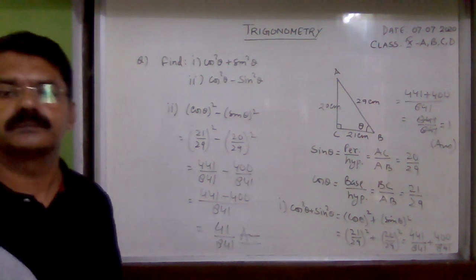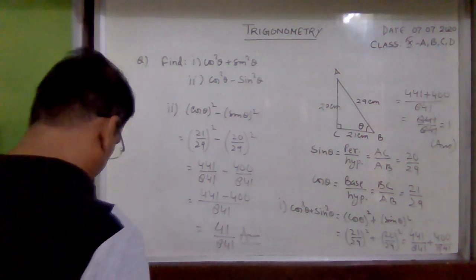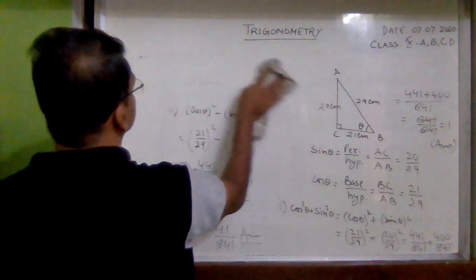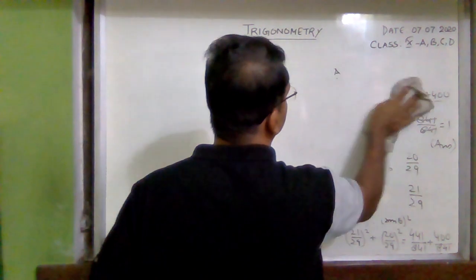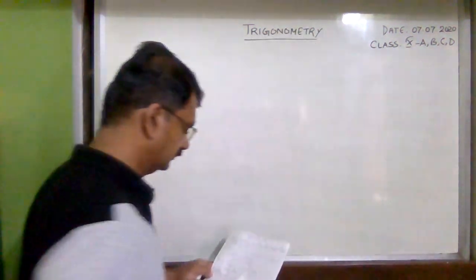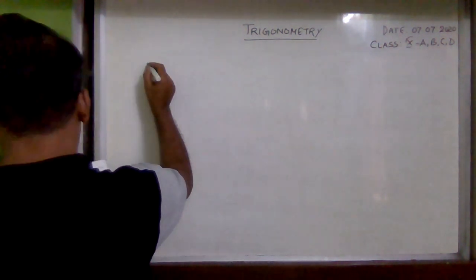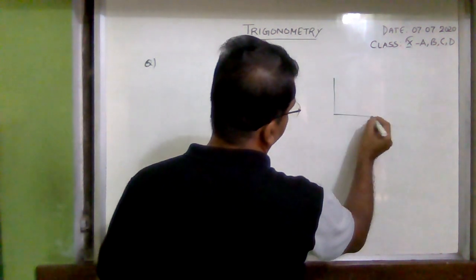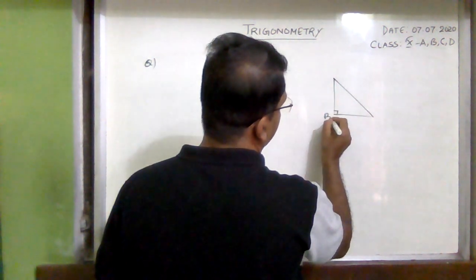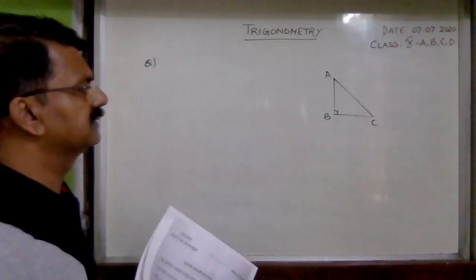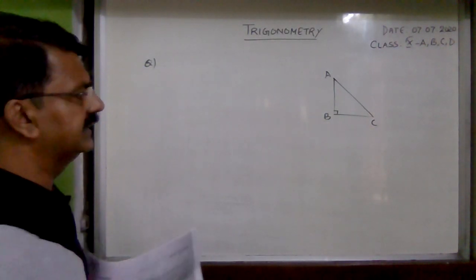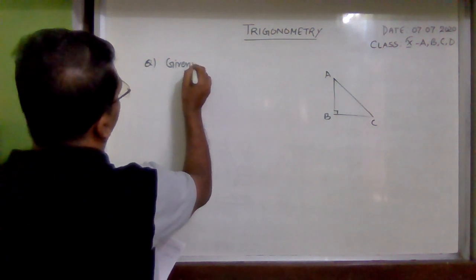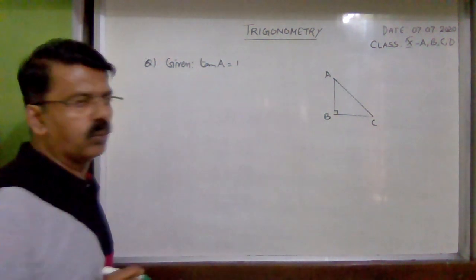Now the next question. In the next question, there is a triangle ABC in which angle B is 90 degrees, and it is given that tan A is equal to 1.